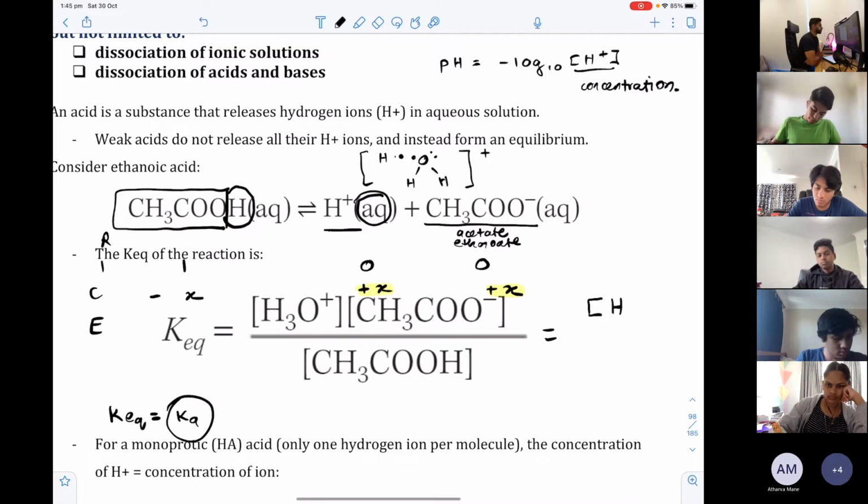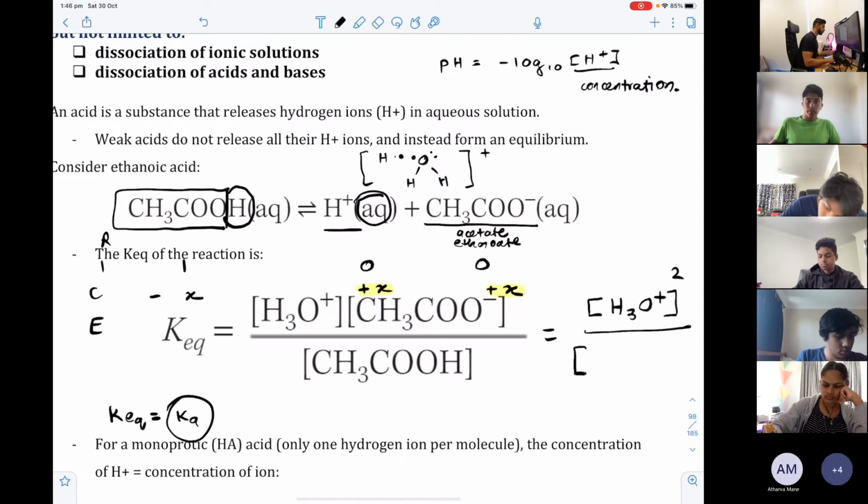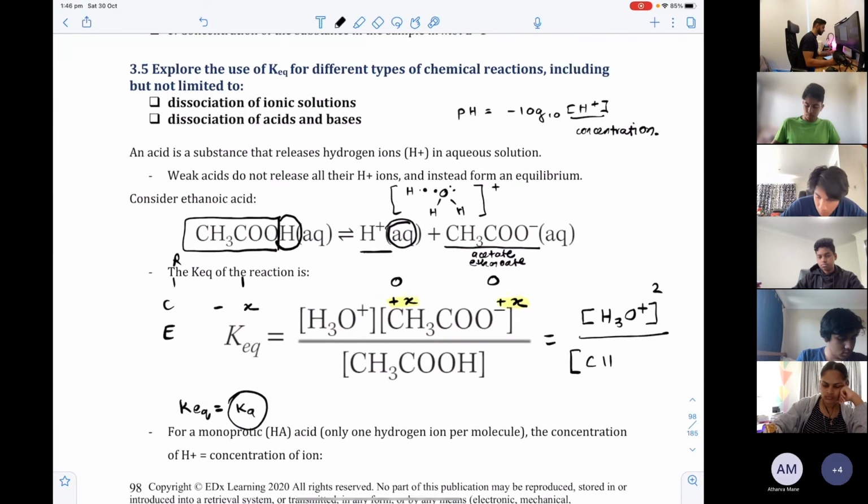So in year 12 chemistry, you will typically be working towards finding pH or finding hydrogen ion concentration. So that is why I want your equation to be in terms of your hydrogen or hydronium ion. So we can simplify our equation to this. Right? That's it. So I just wanted to emphasize that.